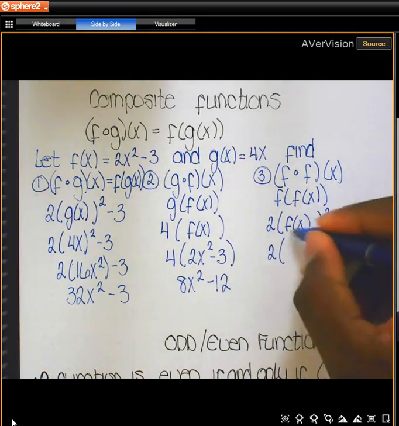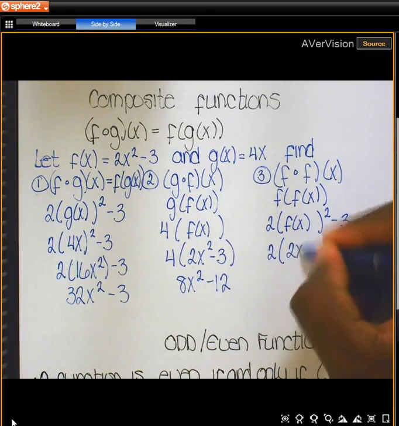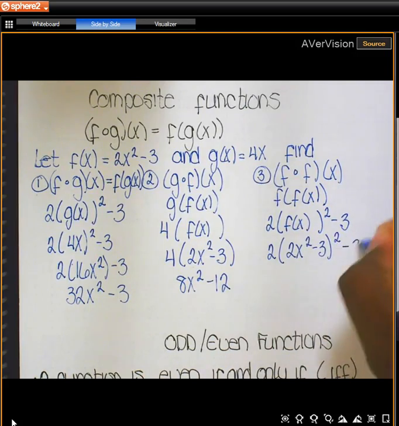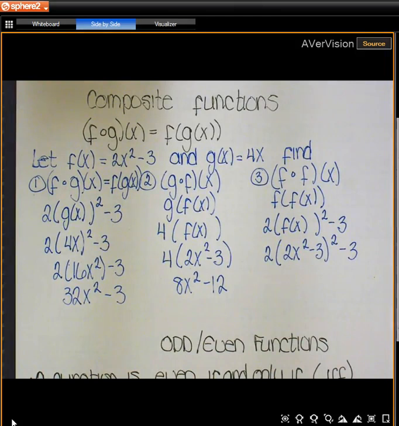And now we write what f actually is. Normally I'd ask you to expand this, but right now, no. Unless you really want to see it. Okay. Any questions on composition?